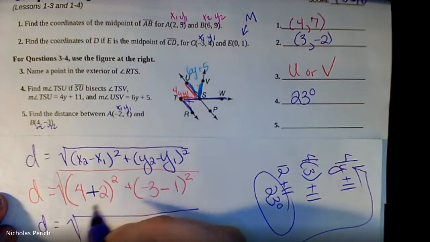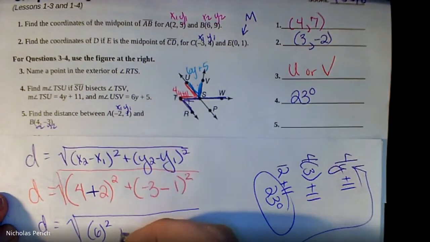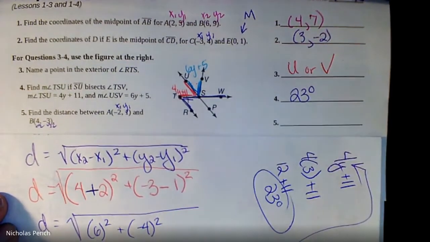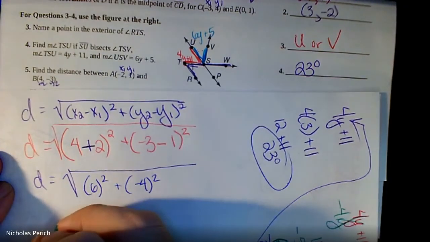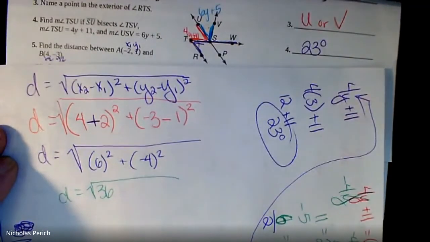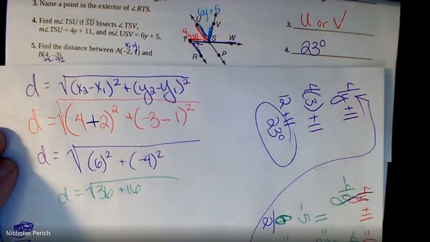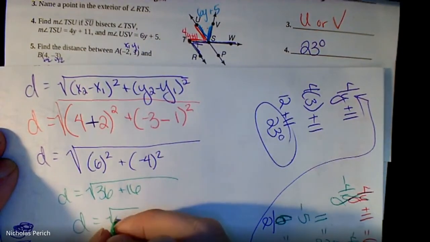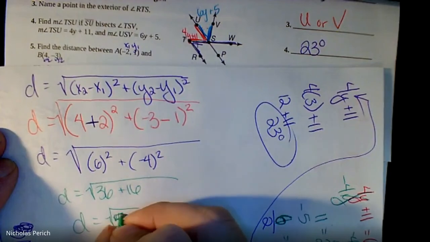So my distance is the big square root of 4 plus 2, which is 6 squared, plus negative 3 minus 1, which is negative 4 squared. Six squared is 36. Negative 4 in parentheses squared is 16. 52.